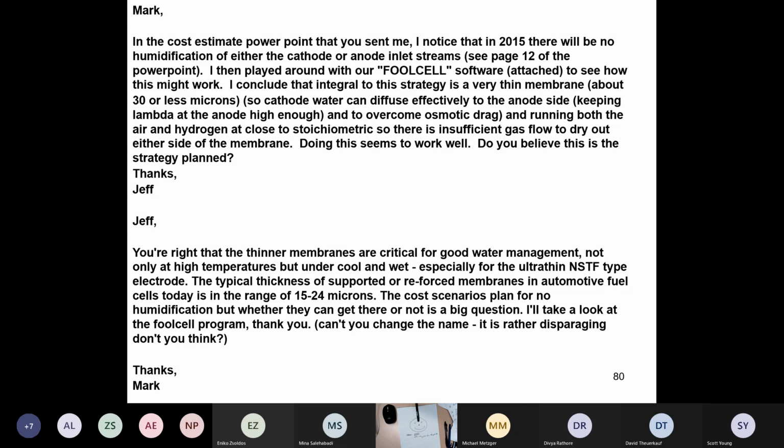So the oxygen is being conducted from the positive to the negative through the oxide ion conductor, oxygen ion conductor. But apart from that, they're relatively similar. You feed them hydrogen and oxygen, you get electricity. Again, you have to worry about overall efficiency of the whole thing.